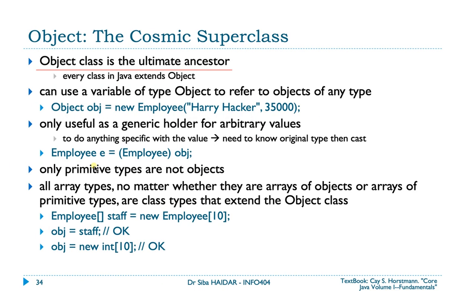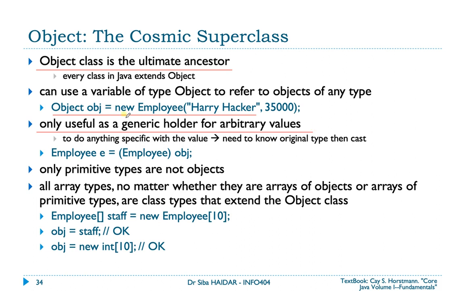So you can use a variable of type Object to refer to any other type since it's a superclass. Like here in the example, Object obj equals new Employee Harry Hacker, etc. This is only useful as a generic holder for arbitrary values and will also be useful to explain genericity and generics.